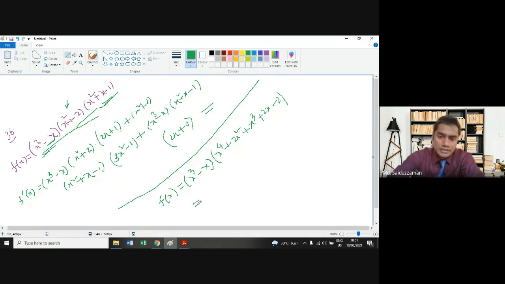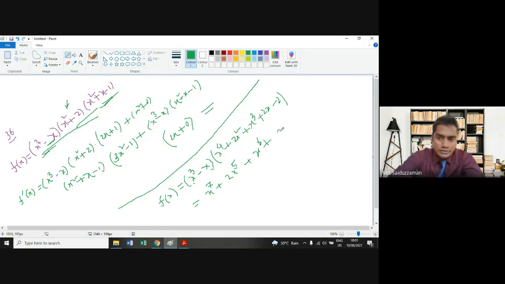Then again simplify. x to the power 3 and x to the power 4 means x to the power 7, plus x cubed into 2x squared means 2x to the power 5. Then the next part is x to the power 6, x cubed and x cubed.